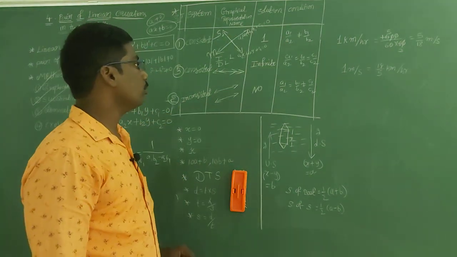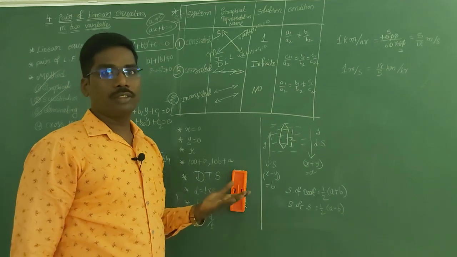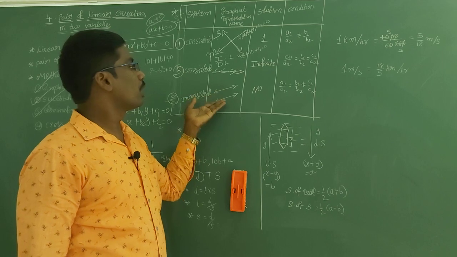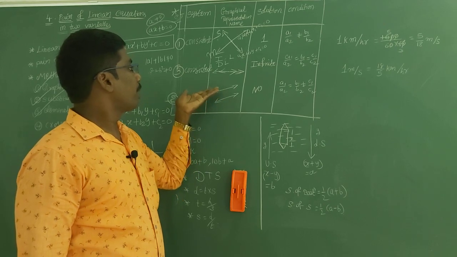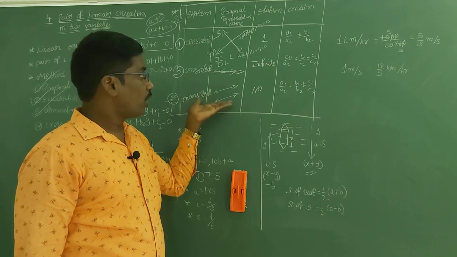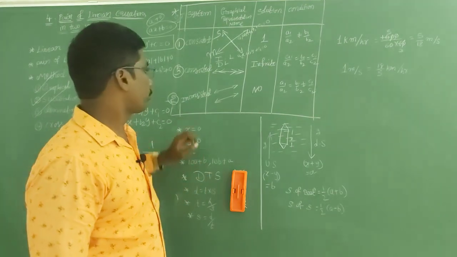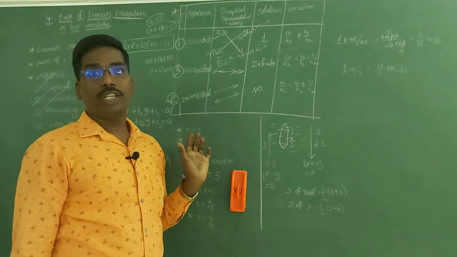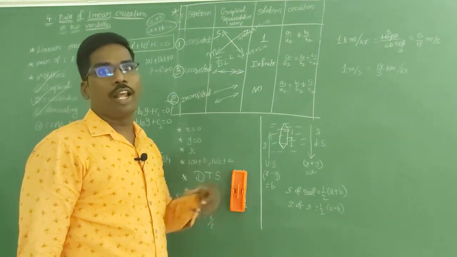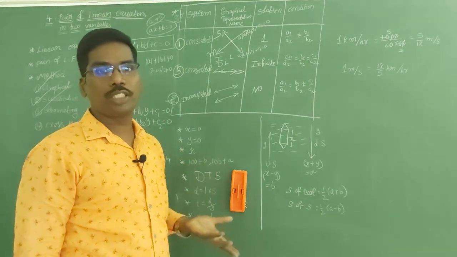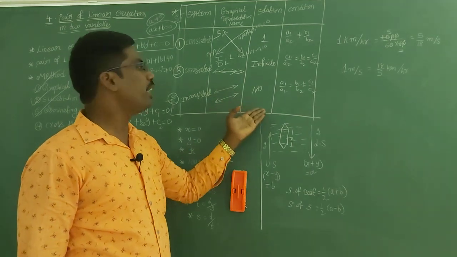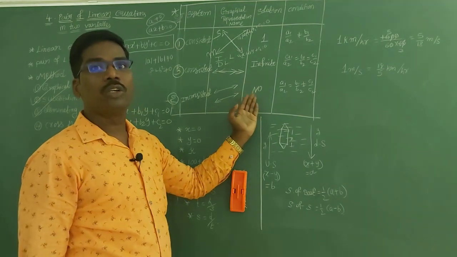After that, what happened is they fell in love and they argued with each other. So they are separated, means they are not meeting, means no solution.